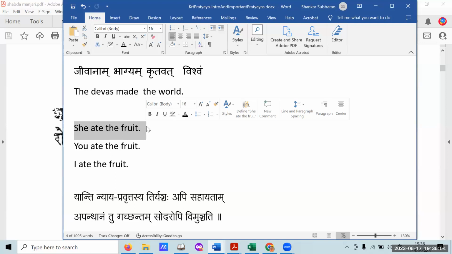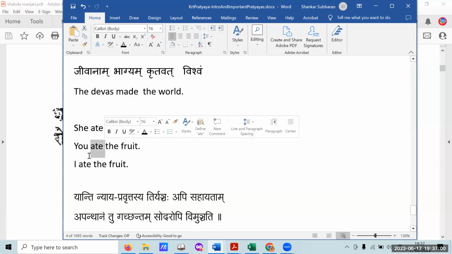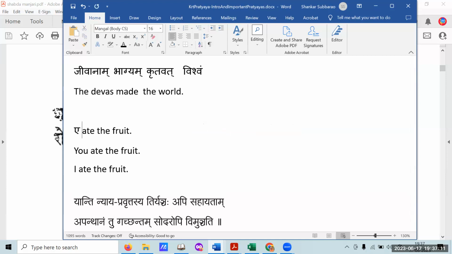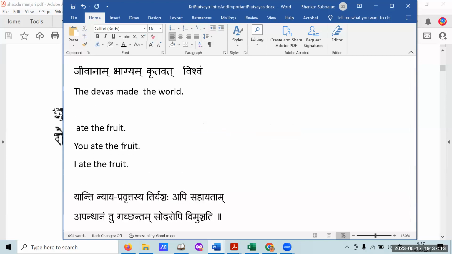Now you see, suppose you were saying it in tinganta. See here, khaditavan remained the same, whether it is second person or first person. If I made this he, what will happen now?